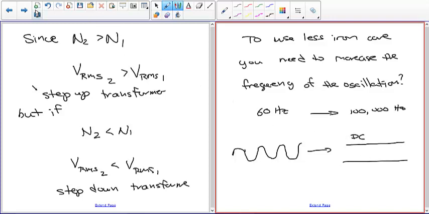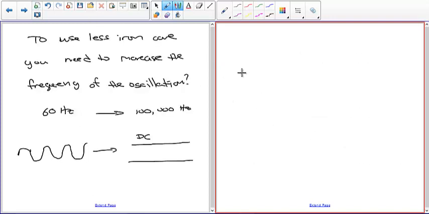Okay, then you take that DC signal and use a transistor in conjunction with an oscillator to create an oscillating signal, which has a very quick oscillation. So it goes between 0 and whatever this DC voltage is, about 100,000 times per second.